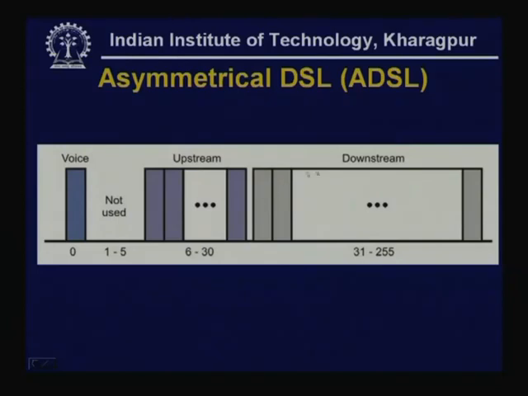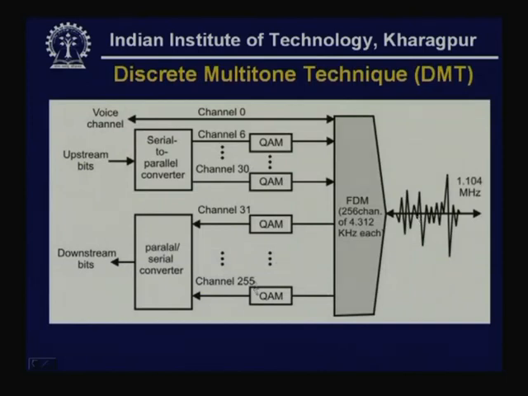Suppose you are having internet service through a DSL line, then from the home to the internet service provider, the data rate is much lower, because most of the time you are downloading something which has much higher bandwidth. So, you require much higher downstream bandwidth, that is why the number of channels allocated for downstream is much larger.